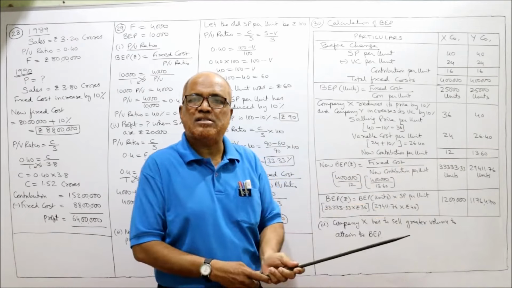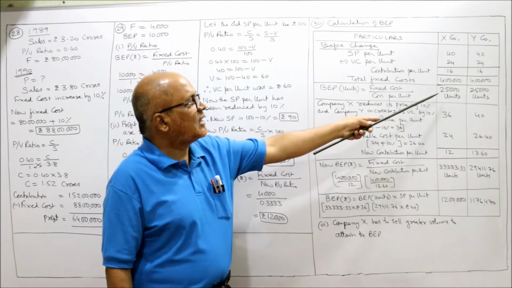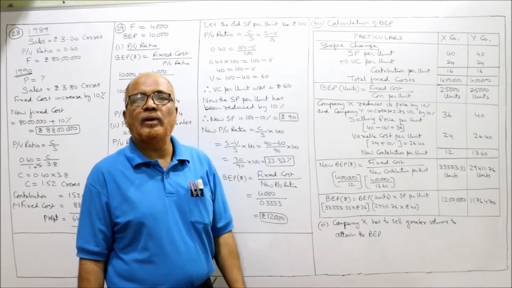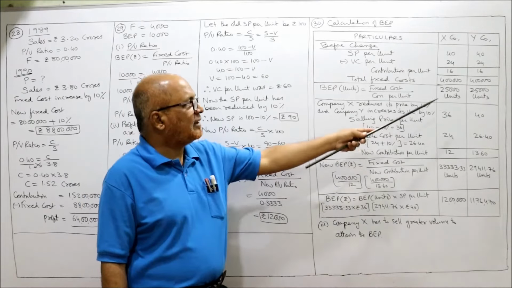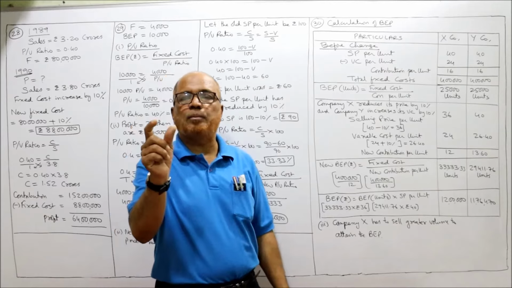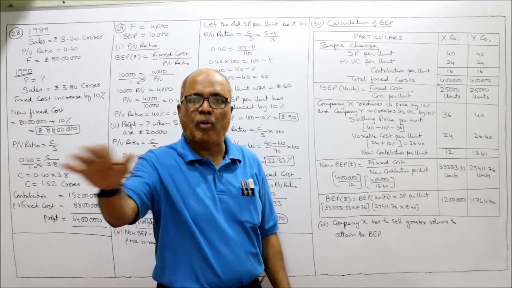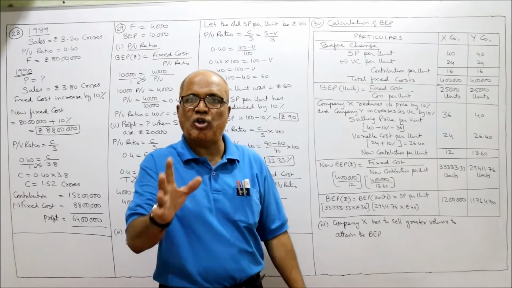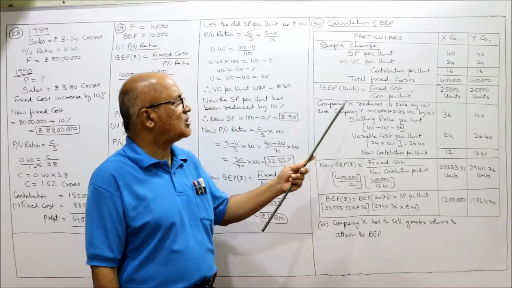If you want in rupees, multiply 25,000 into 40, you will get 10 lakh rupees is the BEP for both the companies. Same before change. Now we are making the change.